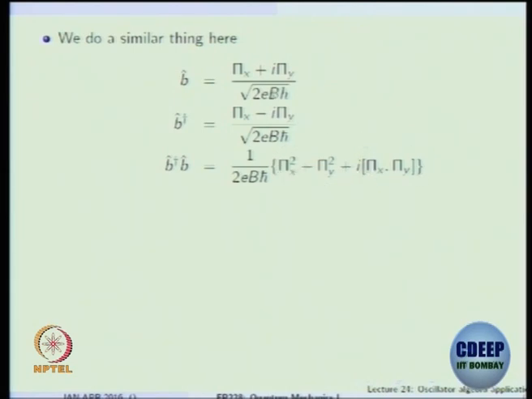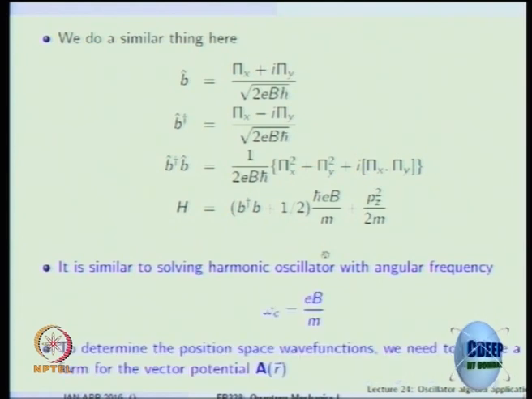So you can take this term to the left hand side and rewrite your Hamiltonian, and the rewritten Hamiltonian is exactly similar to what you would have seen in a harmonic oscillator, with B dagger B like the number operator, and the frequency omega being eB by m, which is your familiar cyclotron frequency. Once you have this Hamiltonian looking like a harmonic oscillator, you can read off the spectrum as n plus half h cross omega c, plus the free particle along the z direction, which is h cross squared k squared over 2m.